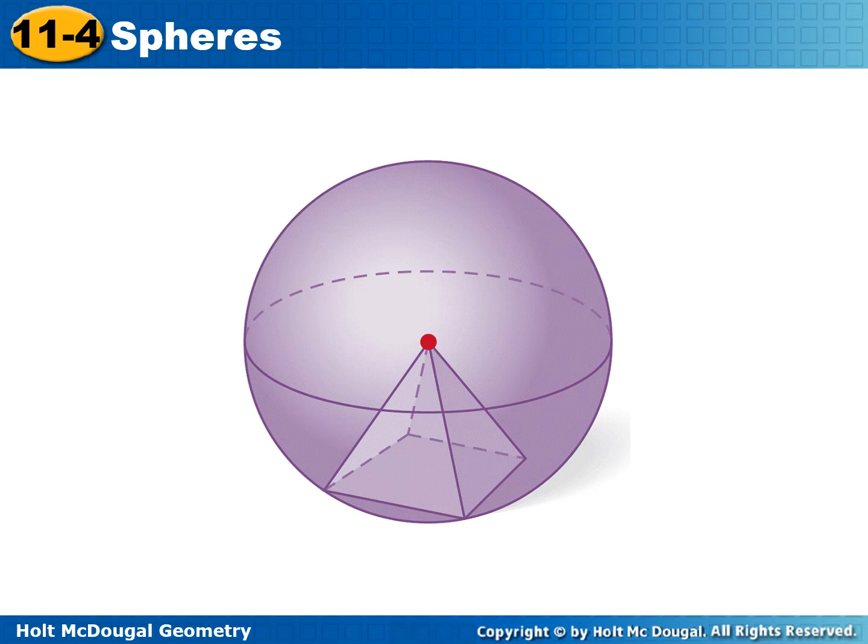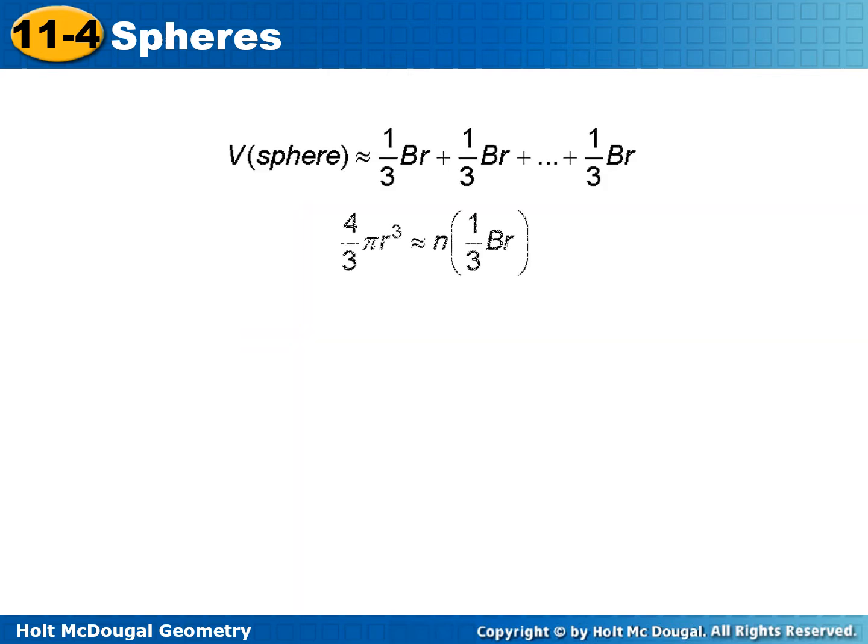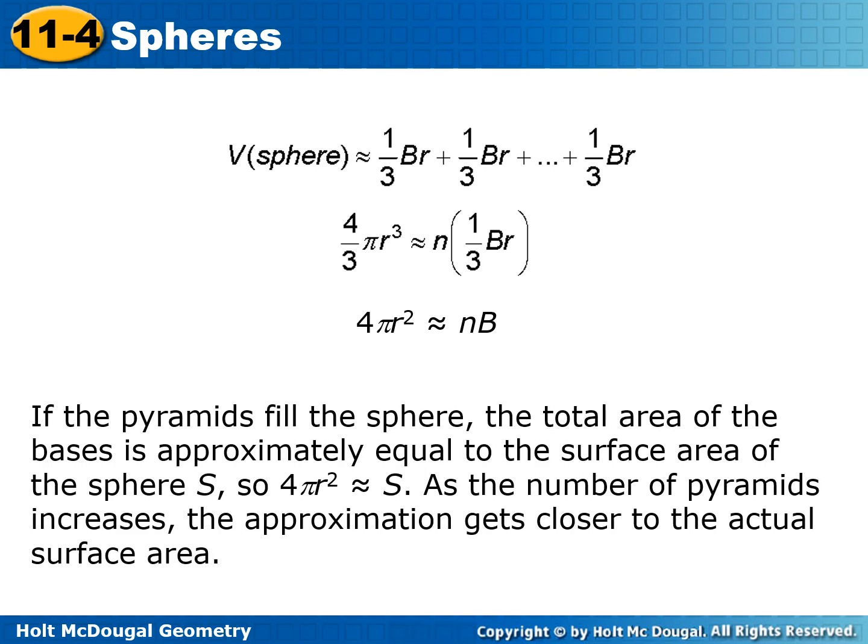And suppose the entire sphere is filled with a number of pyramids, we'd call that N, that each have a base B and a height of R. So if we were able to have the pyramids fill the sphere, the total area of the bases is approximately equal to the surface area of the sphere, S. So we are able to derive the surface area formula as 4 pi r squared is approximately equal to S. As the number of pyramids increases, the approximation will get closer and closer to the actual surface area.